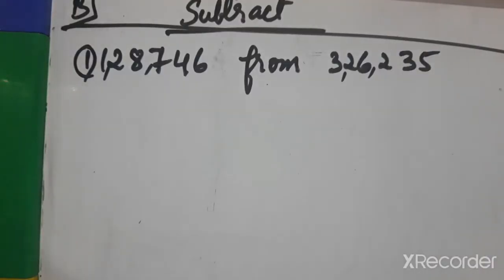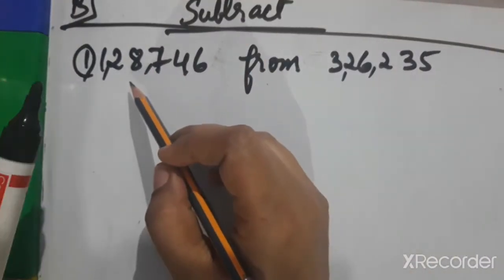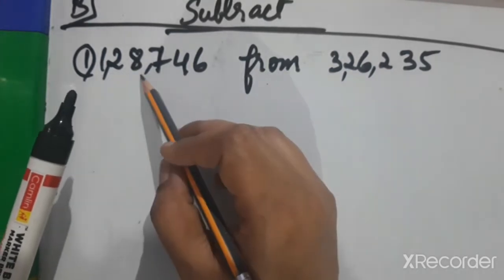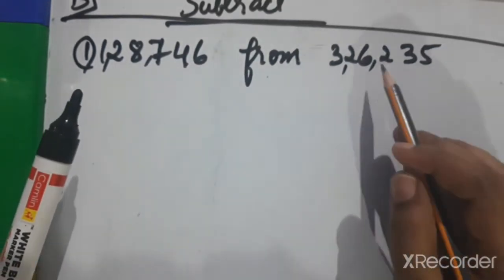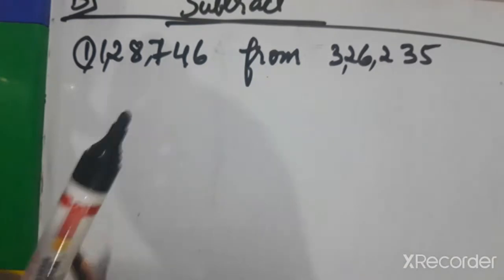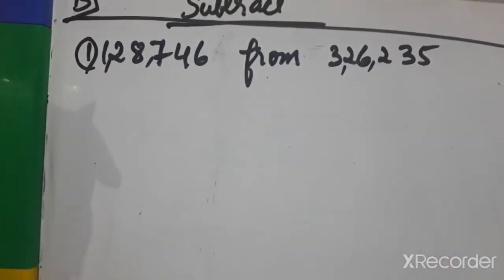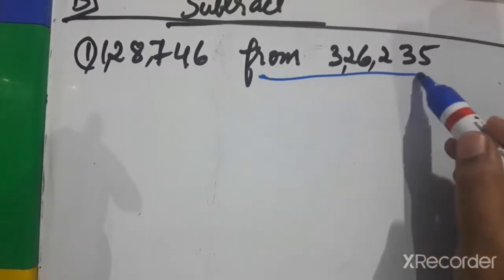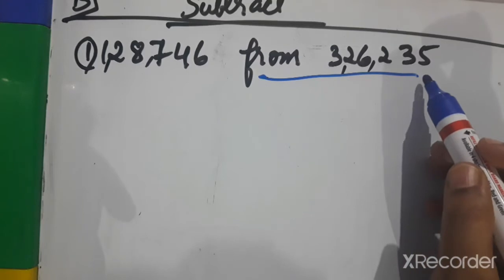Now first question, children, subtract 1,28,746 from 3,26,235. So with "from", after "from" which number is given? 3,26,235.